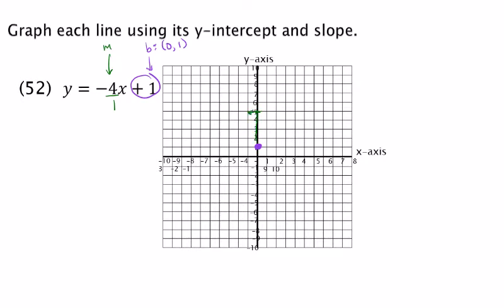Either way works, and sometimes it depends on where you have room on your graph, but usually when you're using this method you can go either way because you're starting right on the y-axis. So we'll go down and right. I'm going to count 4 units down, 3, 4, and 1 unit to the right, and that's where I'm going to put my point. So the slope is down 4 over 1.